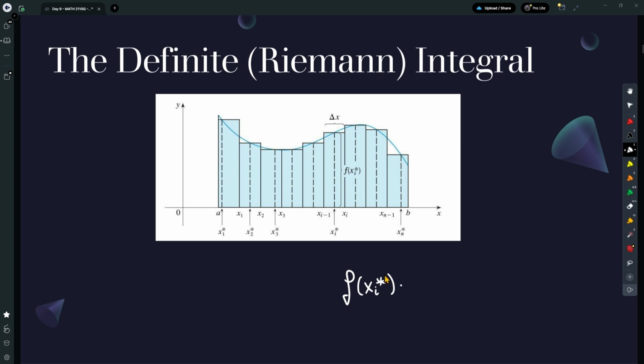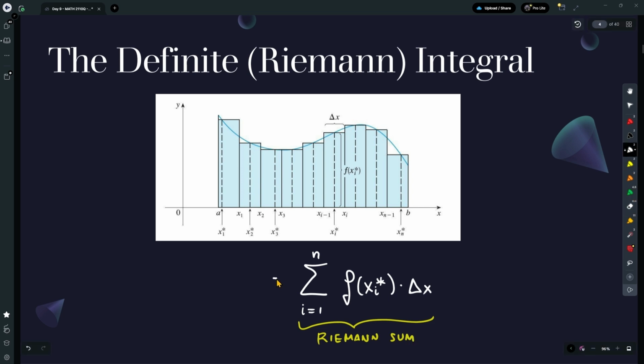The length of the base is fixed; we denote the increment between xi minus 1 and xi by delta x. That is the area of one rectangle, and then we add all of the rectangles, from the first subinterval to the last subinterval. This here is what we call a Riemann sum.